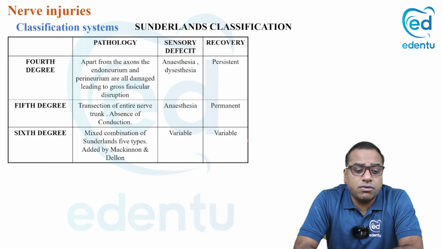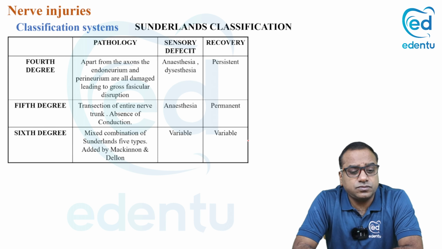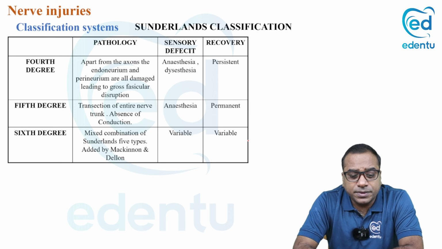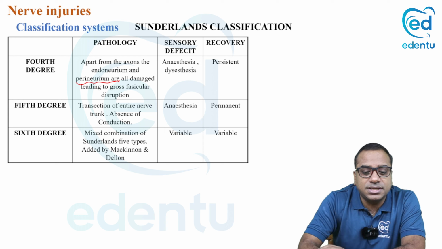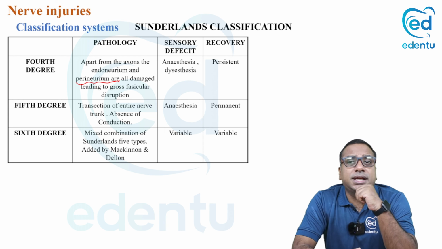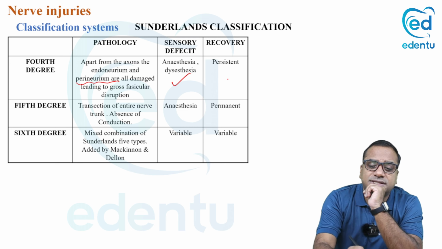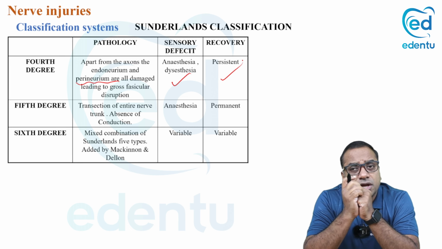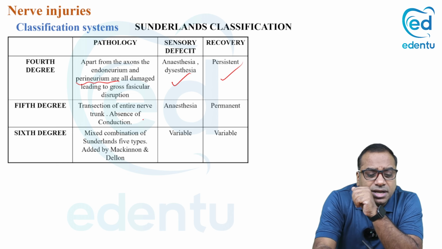Now coming to 4, 5 and 6. In the fourth, apart from the axons, the endoneurium and perineurium both get damaged. Anesthesia or dysesthesia is there and it is persistent. For a very long time it will be there. Fifth degree is transection of the entire nerve.